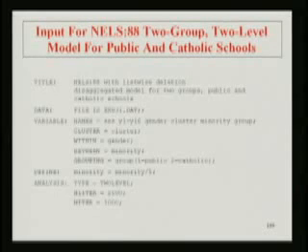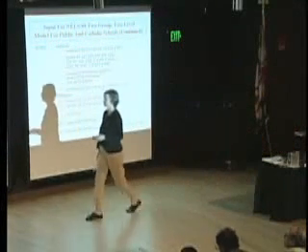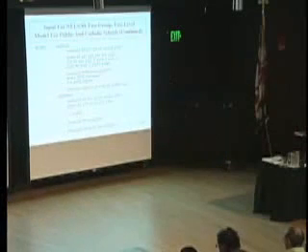We say type equals two level. That's all we have to say here. We could say missing, which will be the default in version 5. But what's most important, and I should probably have the picture of the model to discuss this, is how we specify the model in the model command.